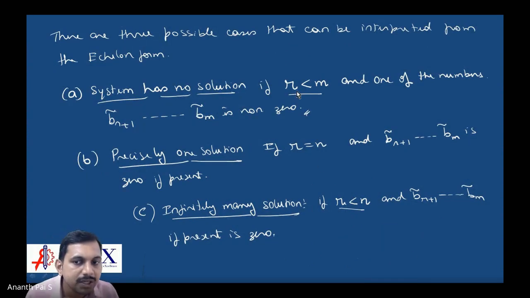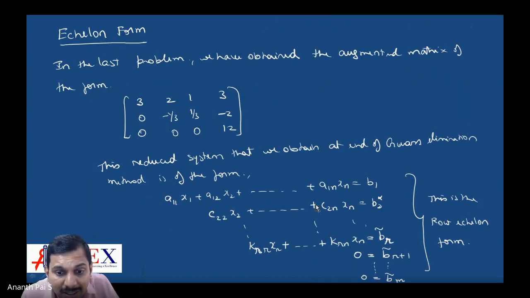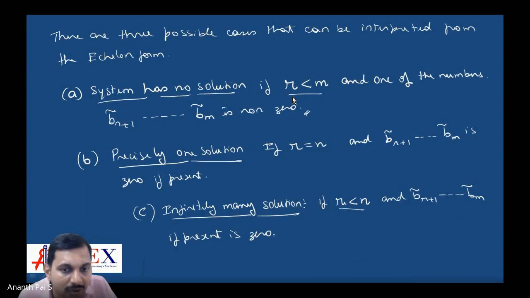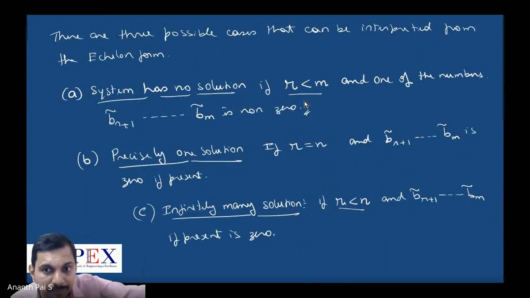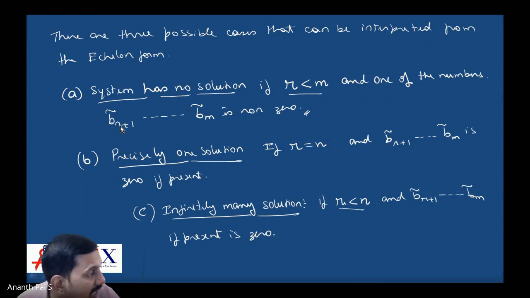Now here, if R is less than M, what is M? M is the number of equations. So if R is less than M and one of the numbers is non-zero, then the system has no solutions. That means one of the numbers from B_{R+1} to B_M, this is not N, this is R, is non-zero.